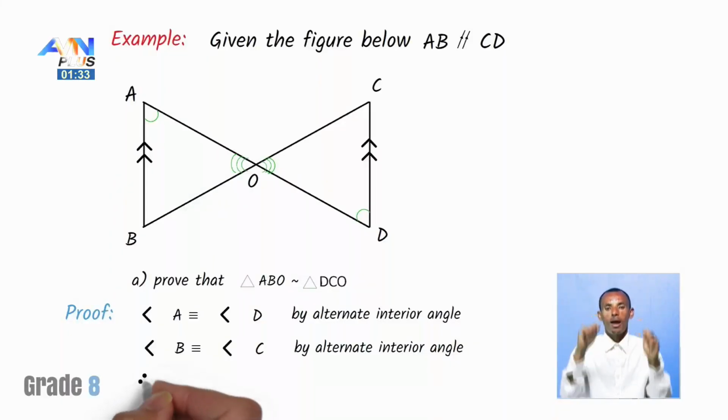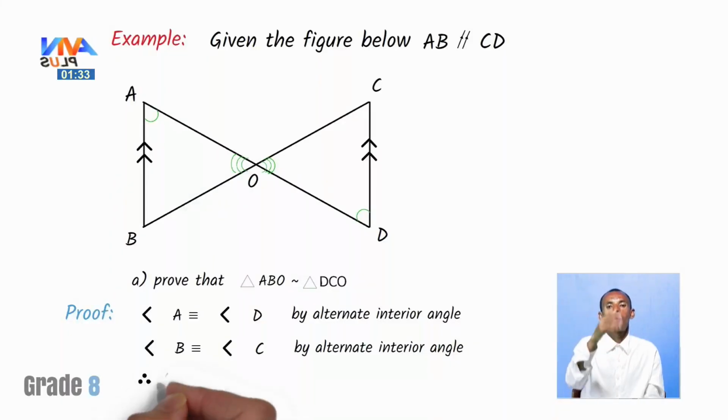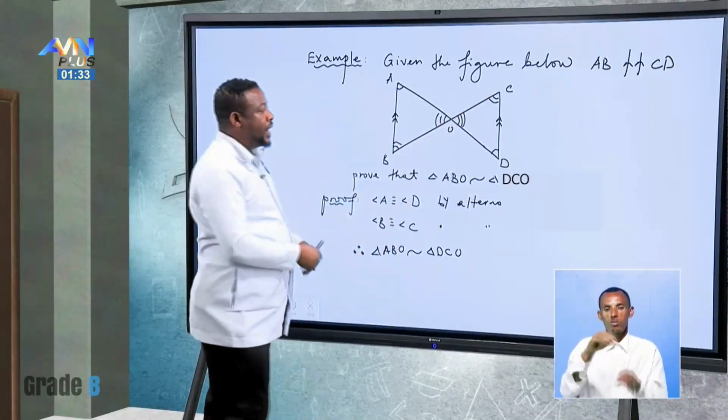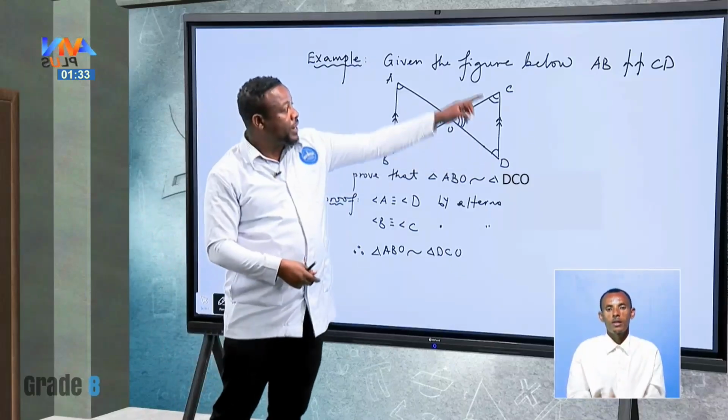triangle ABO is similar to, we started from here and here, so DCO, okay? Triangle DCO. You need to move the way this is going, right?